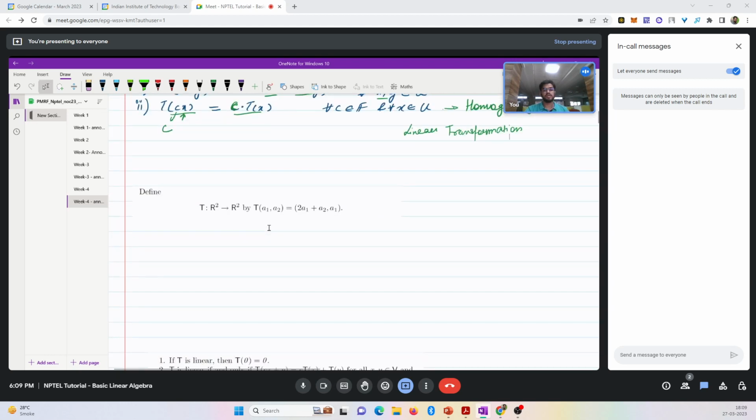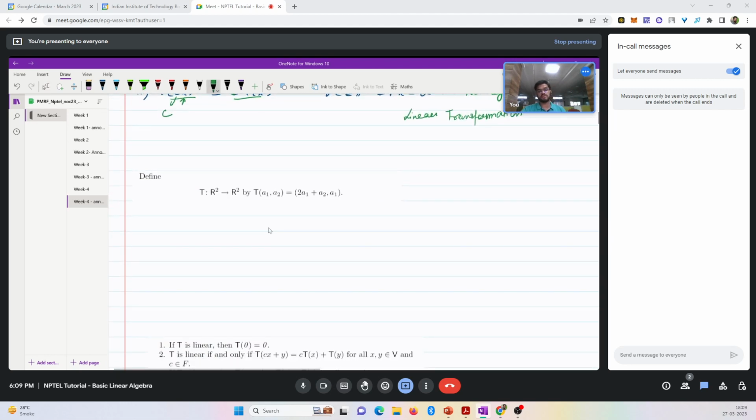Let's look at an example of a linear transformation and try to verify whether it is a linear transformation or not. We are given a function from R2 to R2 defined by T of a1, a2 equals 2a1 plus a2, a1.